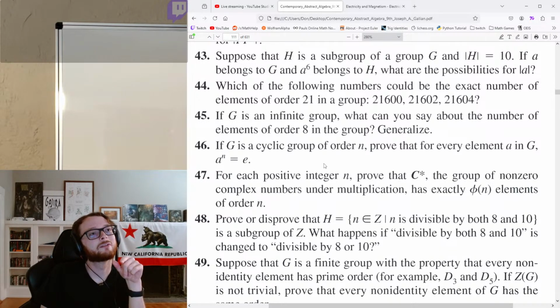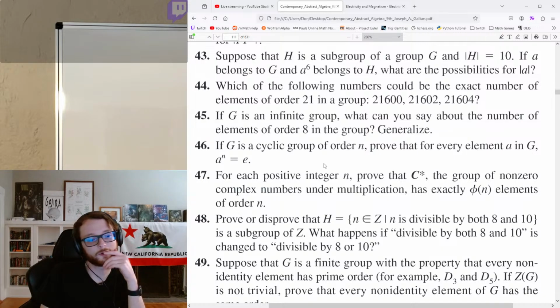No. One is order 1. i is order 4. -i is order 2, and -1 is order 2.